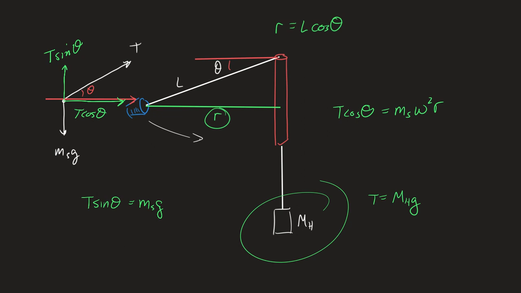I'm just putting them up there again. The only difference is that we now have net force in the y direction, that's this. Net force in the x direction equals M A_C, that's this. And this one's just net force in the y direction.